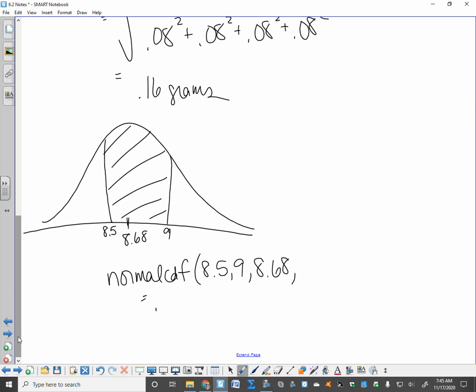That's not sigma. Sigma is 0.16. So sorry, this answer is 0.847. Therefore, there's an 84.7% chance that Mr. Starnes' tea will taste just right.